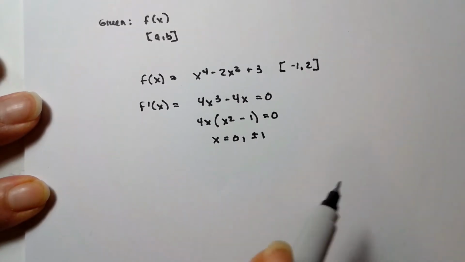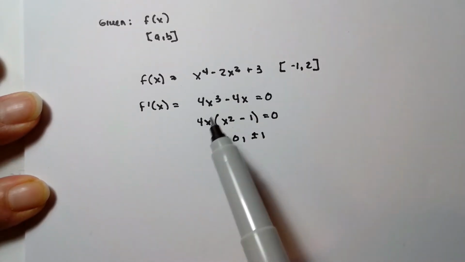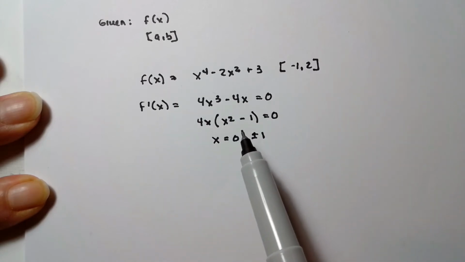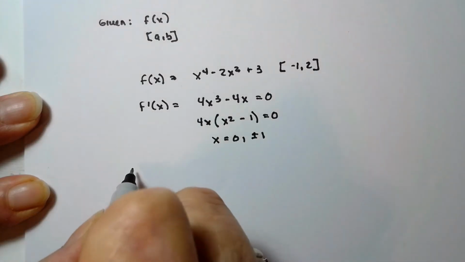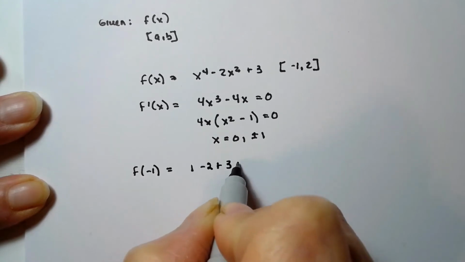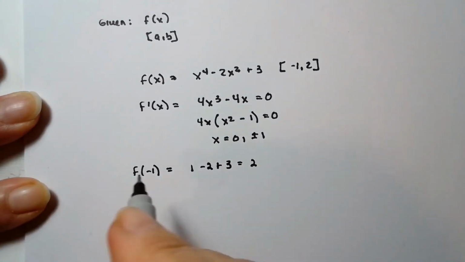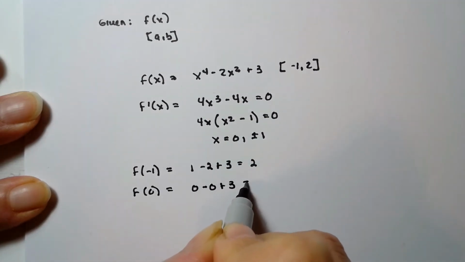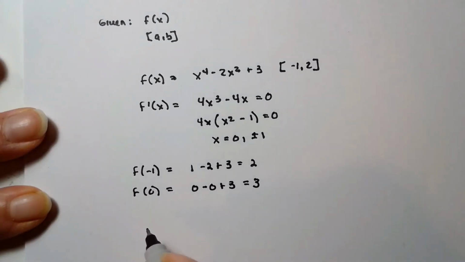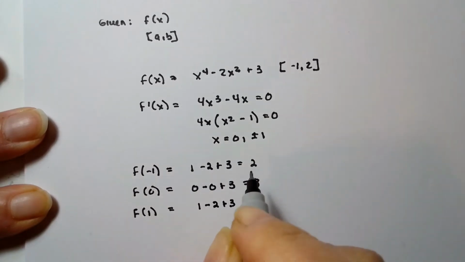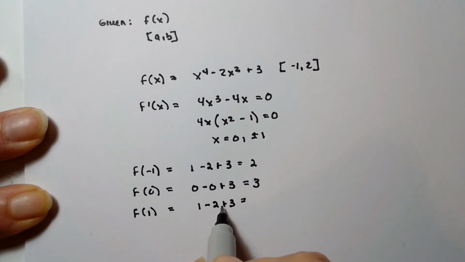Once you get your derivative and your critical numbers, you evaluate the original function at the endpoints of the interval along with any critical numbers. So f of -1 is 1 minus 2 plus 3, which is 2. f of 0 is 0 minus 0 plus 3, so 3. f of 1 is 1 minus 2 plus 3, which is 2 again.